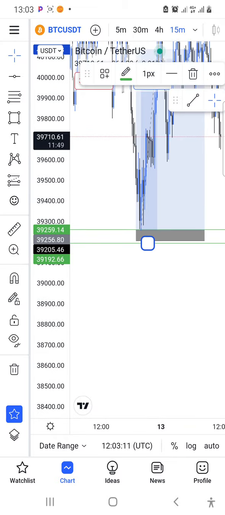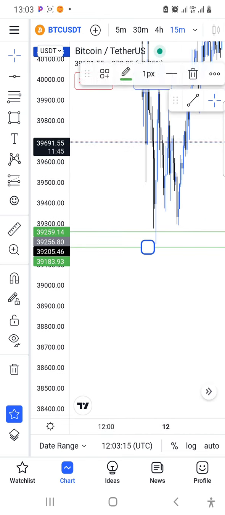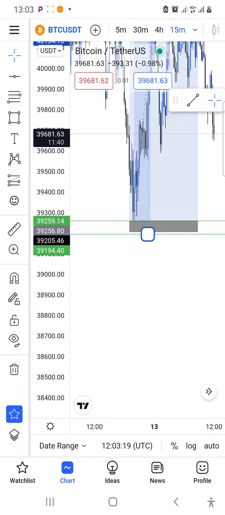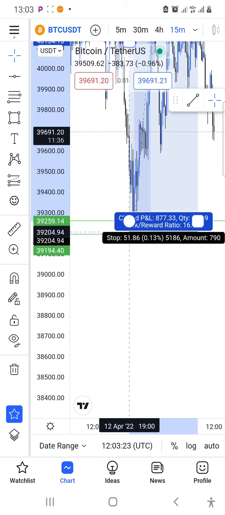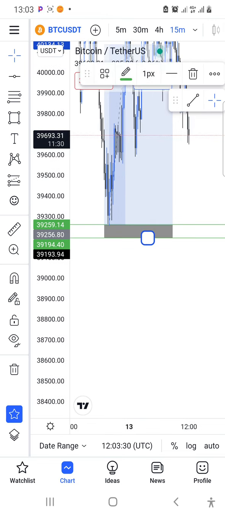It can't be too large like that, because you need to leave room for air. Okay, all right. So here now I have a stop loss of 0.16.